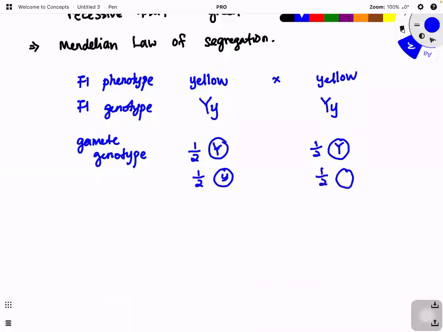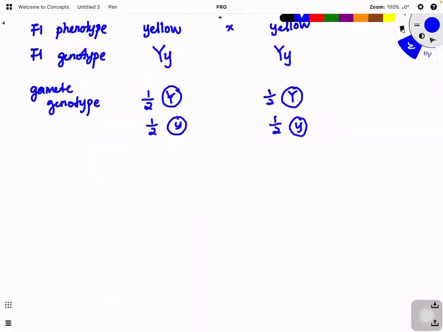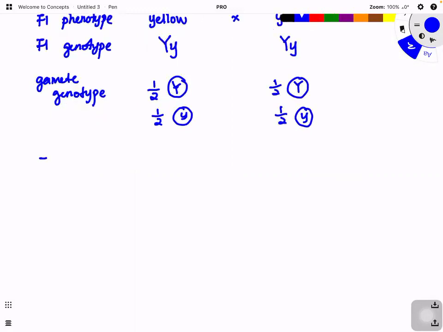So when fertilization takes place, you can draw the Punnett square or the genetic diagram, and you're going to get the F2 phenotypes and genotypes. So we have big Y crossed with big Y, big Y crossed with small y, big Y crossed with small y, and small y crossed with small y.